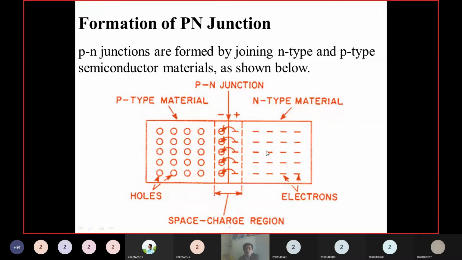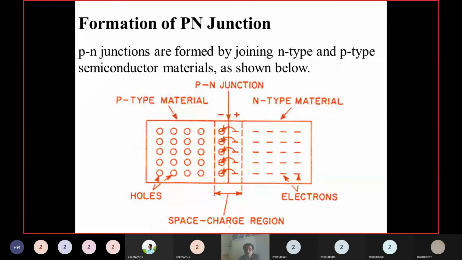So by using a metallurgical process, we can make the PN junction diode. There are two ways. One way: an N-type semiconductor and a P-type semiconductor are joined directly at high temperature by the metallurgical process.